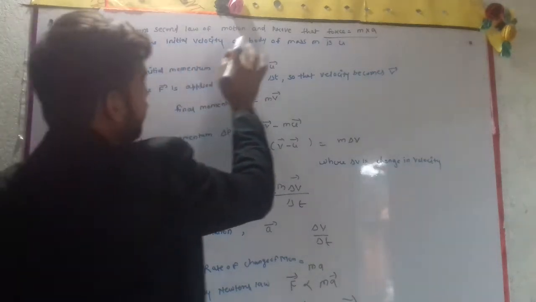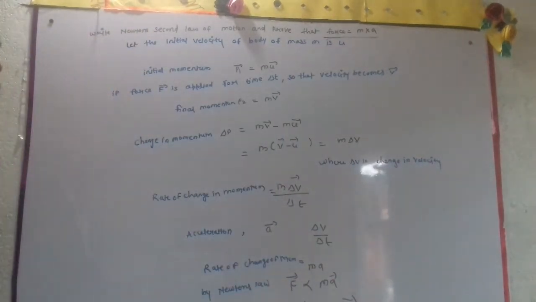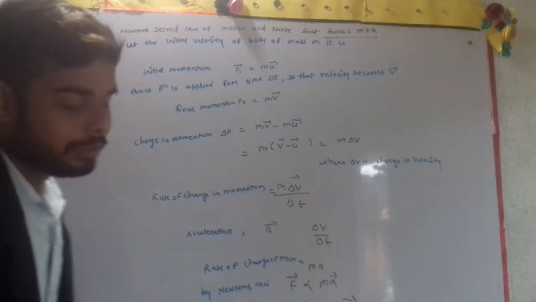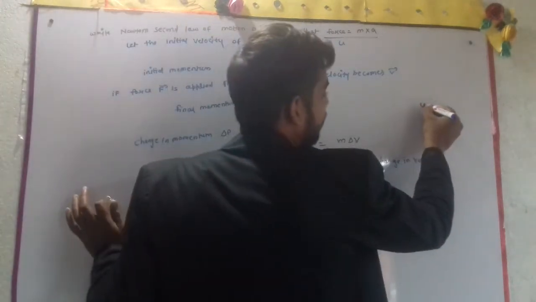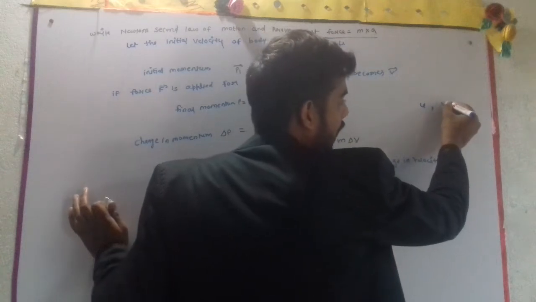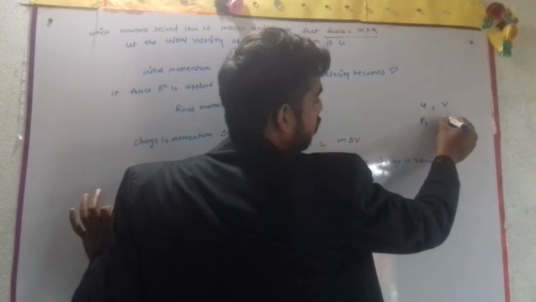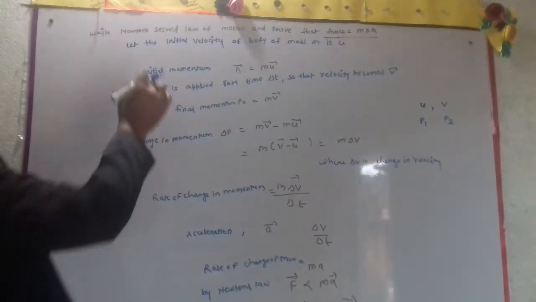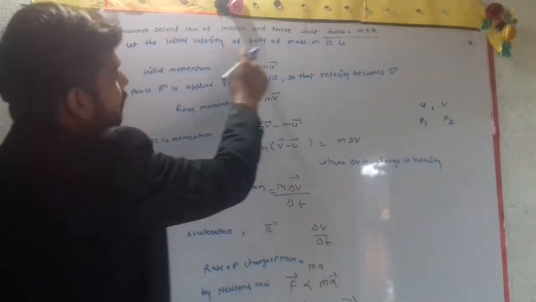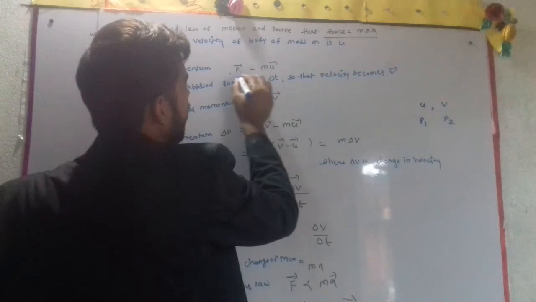Let the initial velocity of a body of mass m be u, and the final velocity be v. Momentum is p1, and the momentum of the body after is p2, the final momentum.